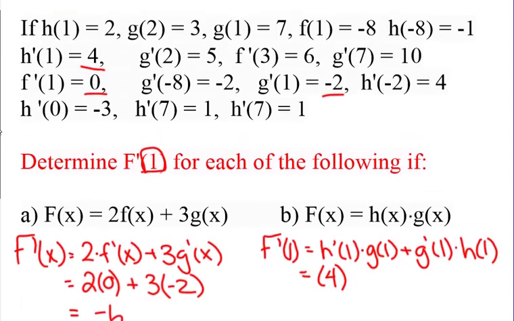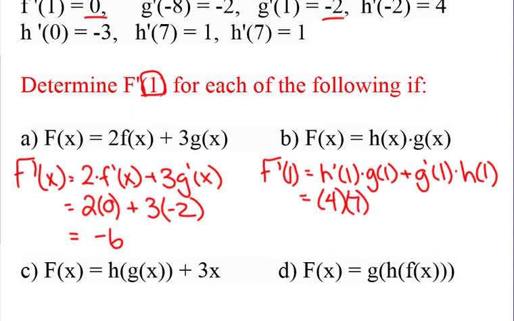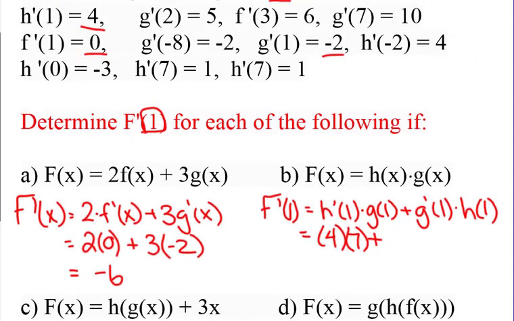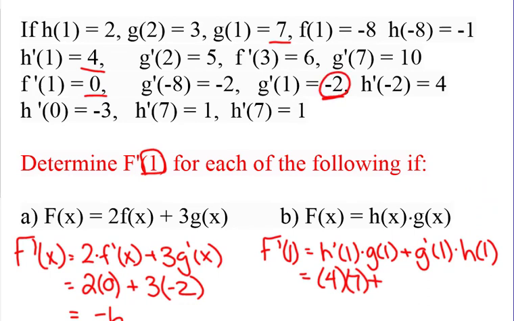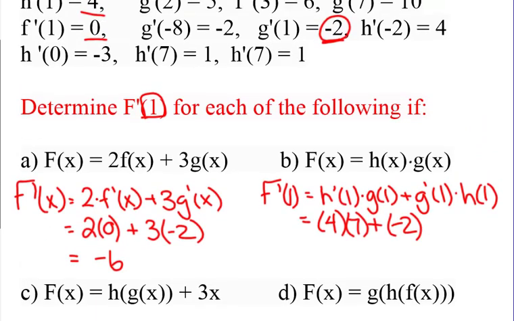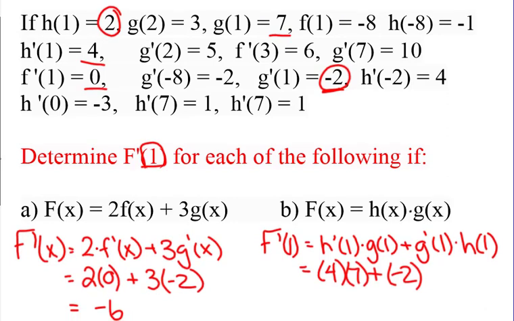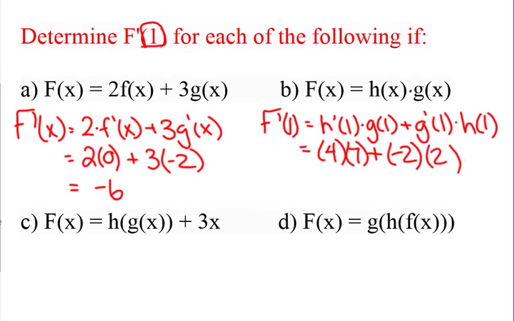G of 1 is 7. Plus g prime of 1, so that's -2, times h of 1. H of 1 is 2. So we've got 28 minus 4, that's equal to 24.